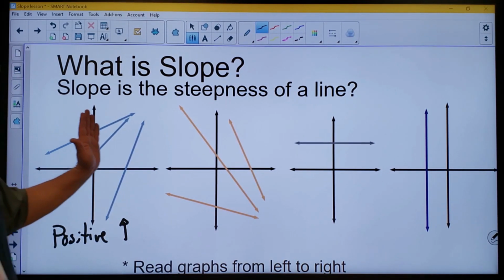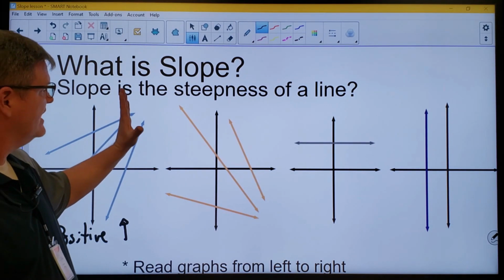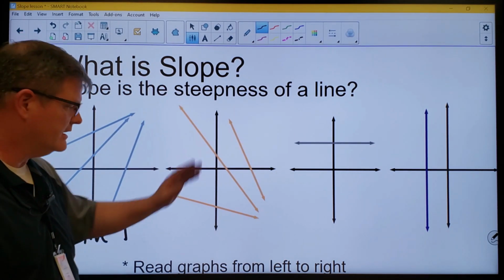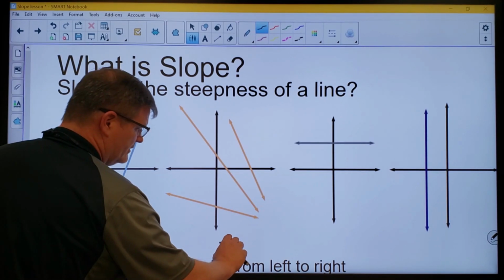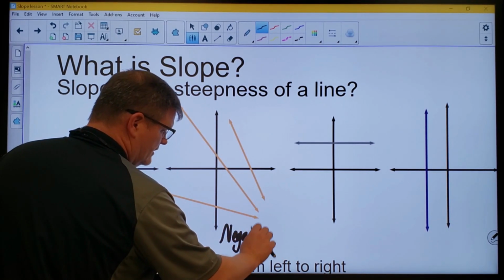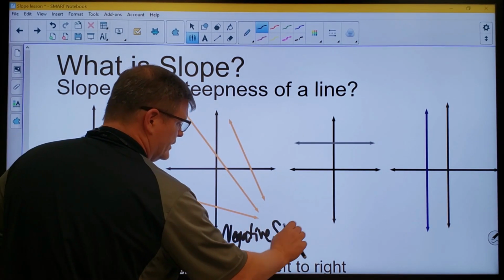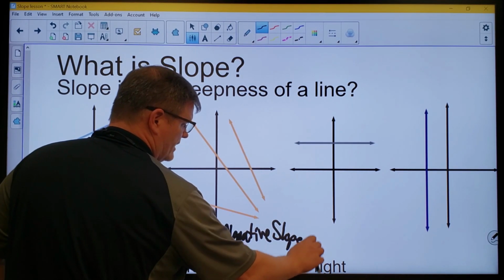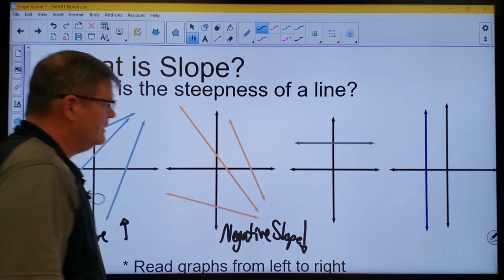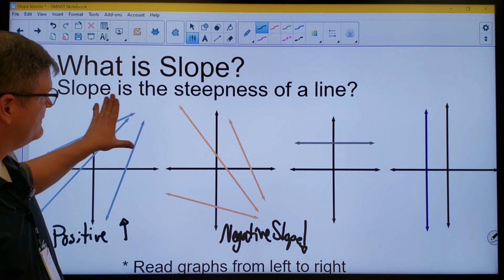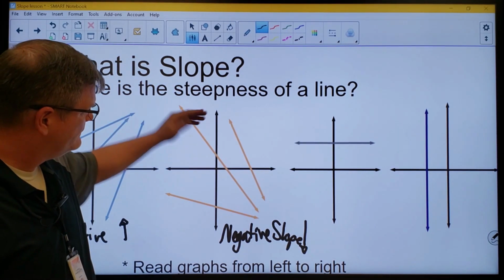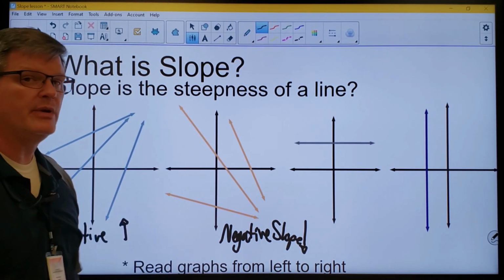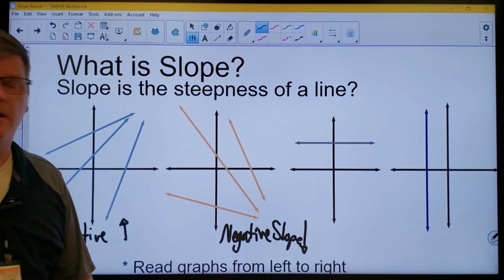On the next one, all of these lines as we go from left to right are decreasing. So these would be called negative slope. Okay, they're going down. So any line that, as you move from left to right, is angling downwards, that's going to be a negative slope.